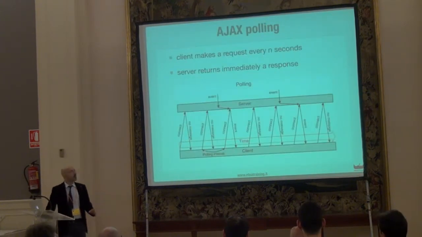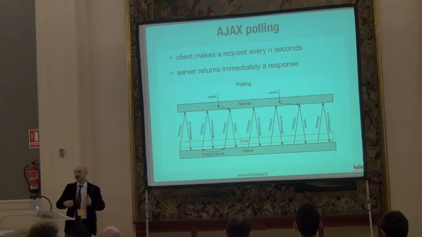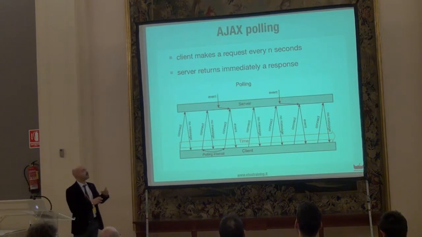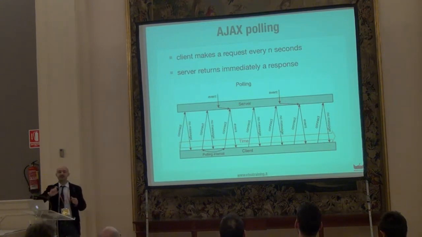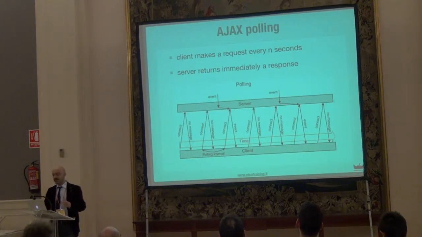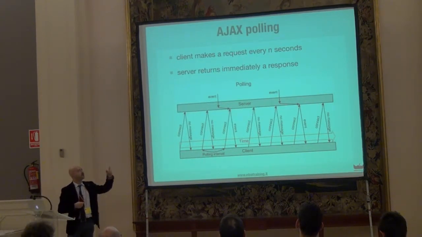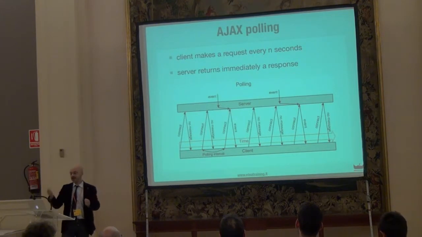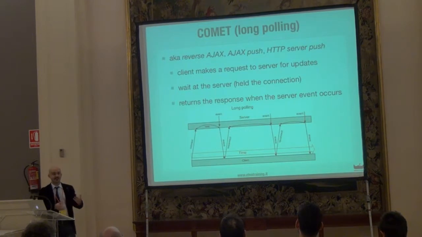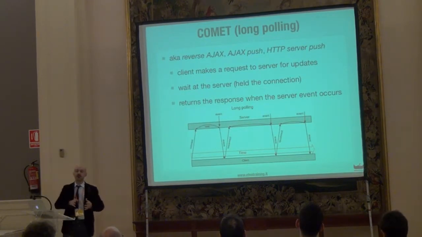So one first solution to try to achieve real-time or near real-time communication over HTTP is AJAX polling. The client makes a request each second and waits to see if there is some event that has been emitted by the server. The second approach that has been used over the years is called COMET.